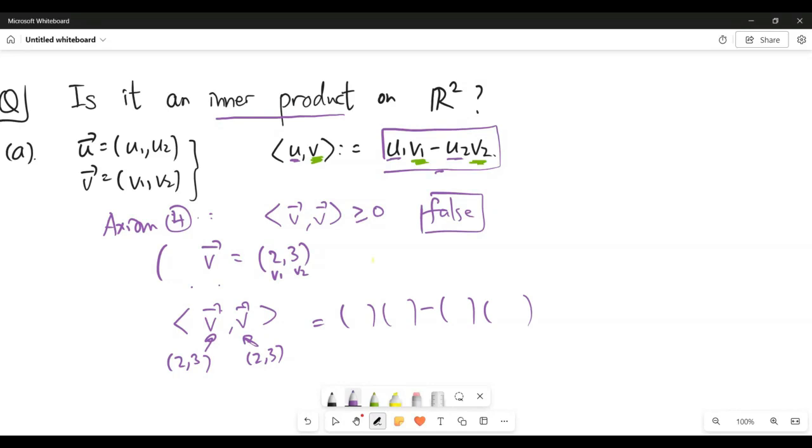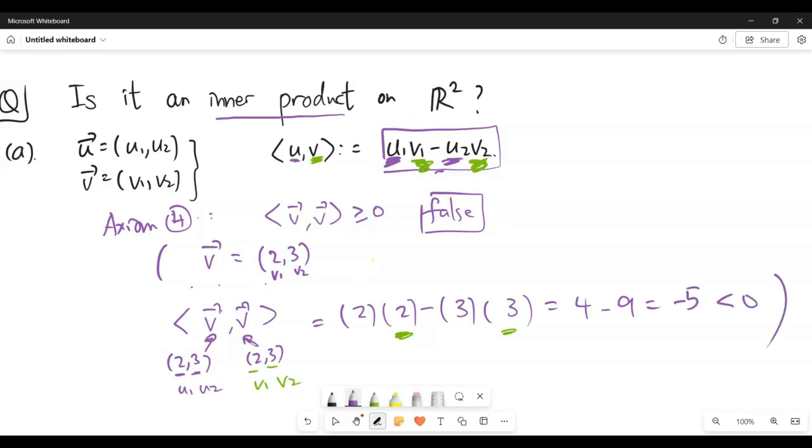Please be careful. You see the first vector, we call it u1, u2. They are in the positions here, so 2 and 3, right? And then the second vector is v1, v2. Please look at the positionings here, so I can use 2 and 3 here. Now you can do this calculation, which gives minus 5, which is negative.